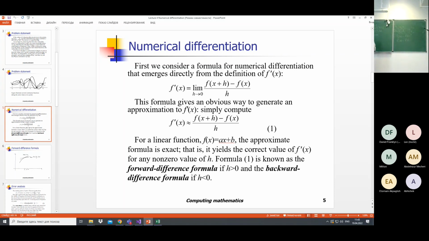Yes, please tell it. 1.030301. Okay, it's enough to have 3 digits after the point. After that you should apply formula number 1: this minus this over h. f of 1.01 minus f of 1 over 0.01.